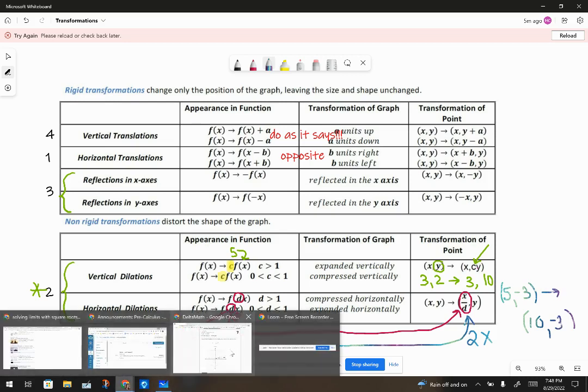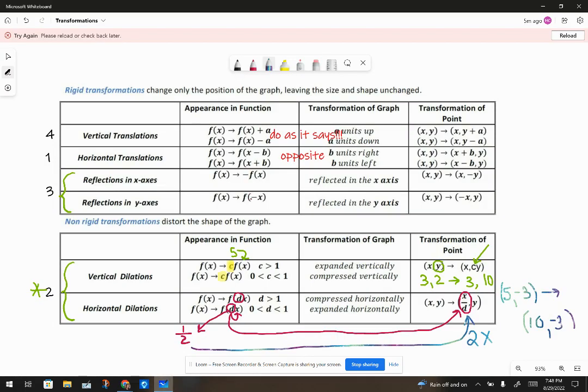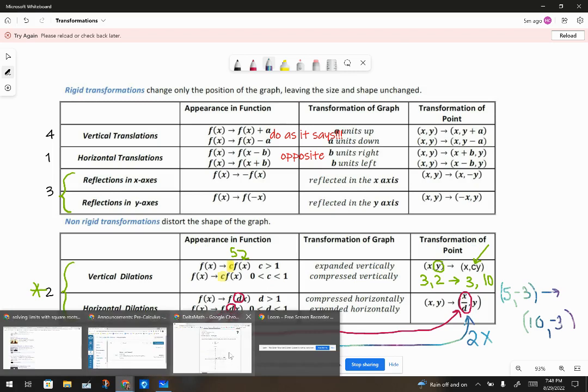Going back here. Next, so that took care of that half. That negative now is in front of the function. That 2 is in front of the function. So if we look here at our negatives, this negative is in front of the function. This negative is in front of x. When it's in front of the function, I'm going to reflect in the x-axis. That means I'm going to jump over the x-axis.